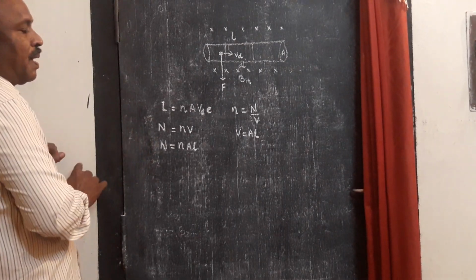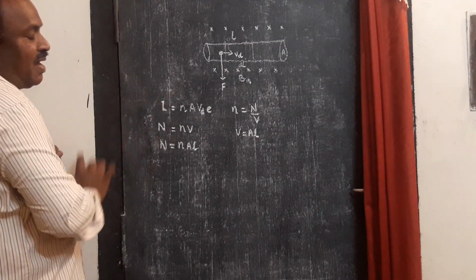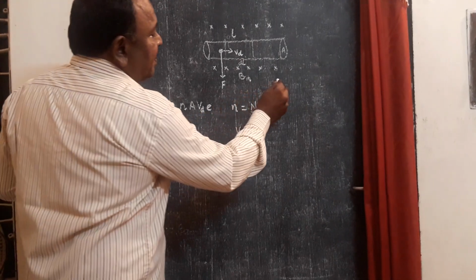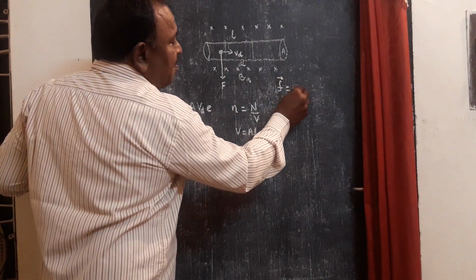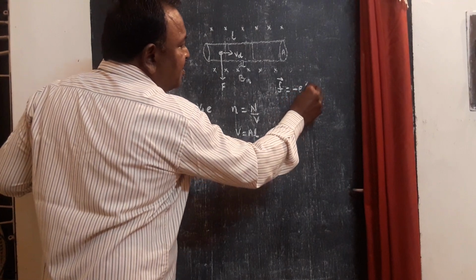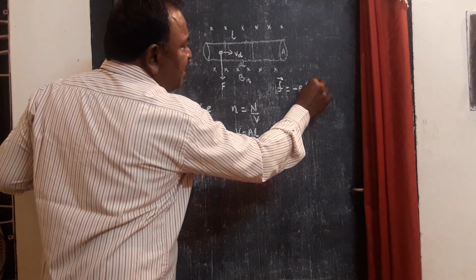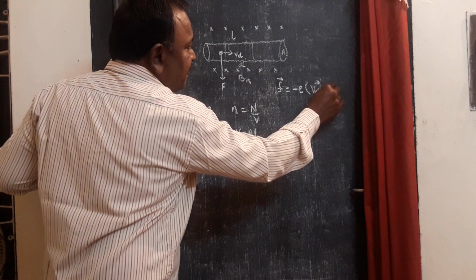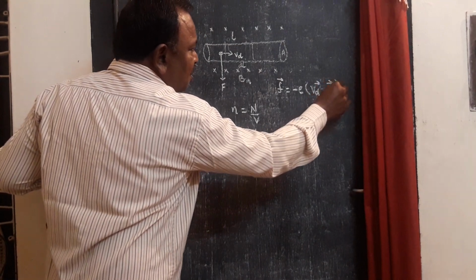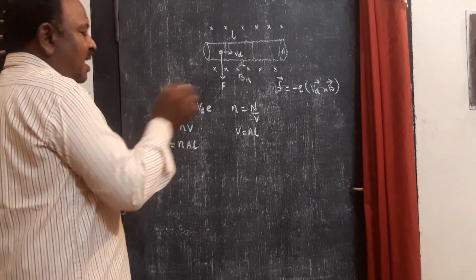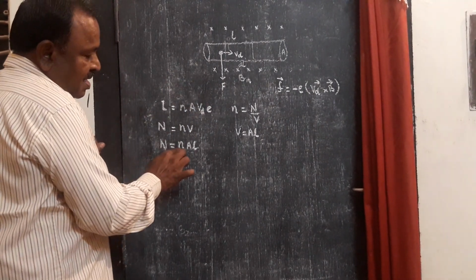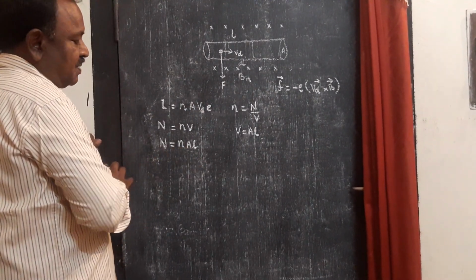Now the Lorentz force on one electron is given by F vector = minus e into Vd cross B. This is the force on one electron. In this small element, we have nAL electrons.